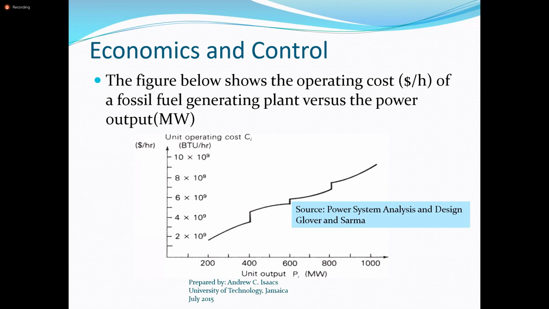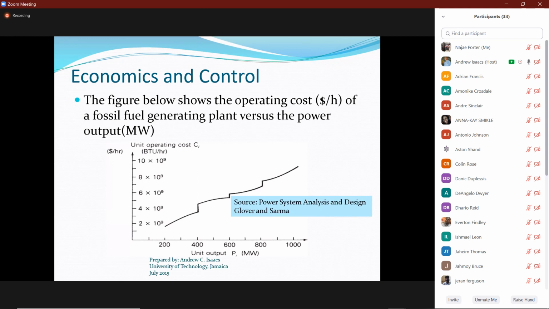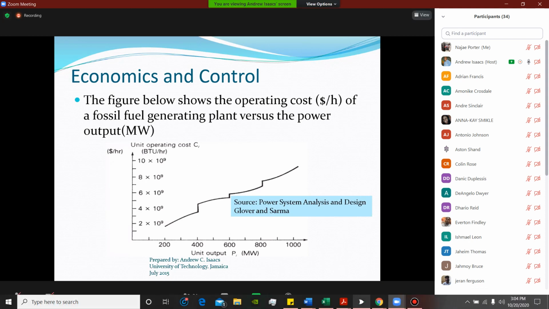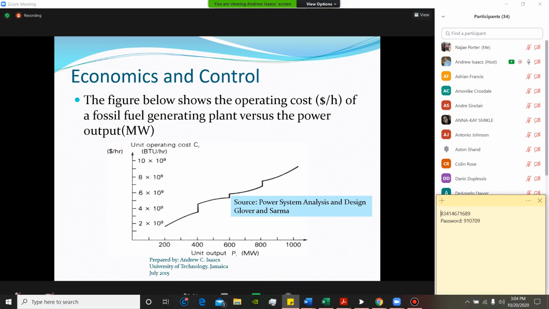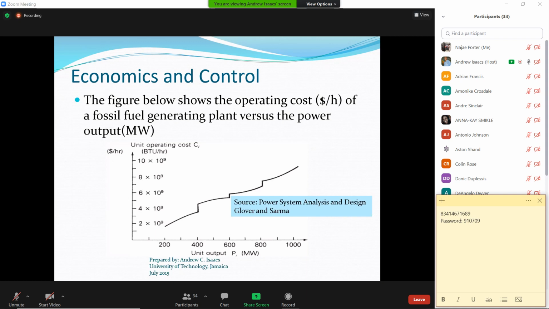Also, in terms of correcting the voltage at the bus bar, persons were focusing primarily on power factor correction. Now, power factor correction is something completely different.